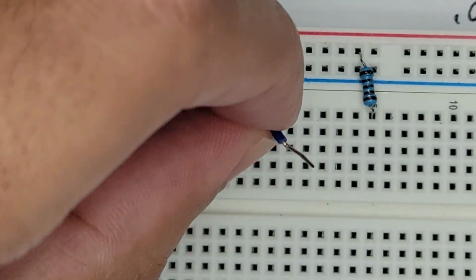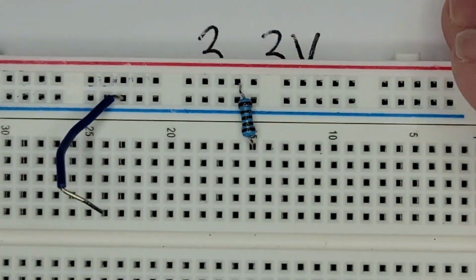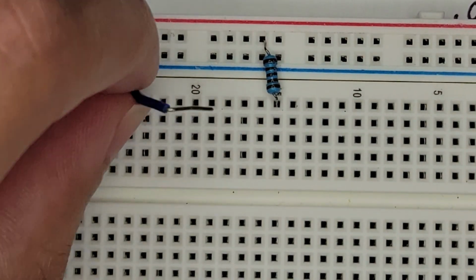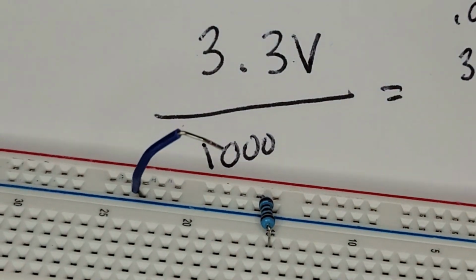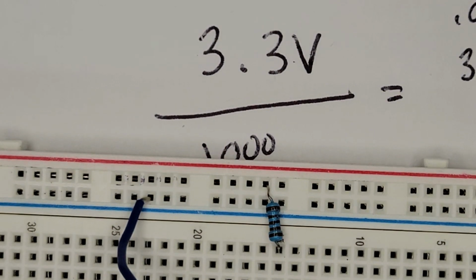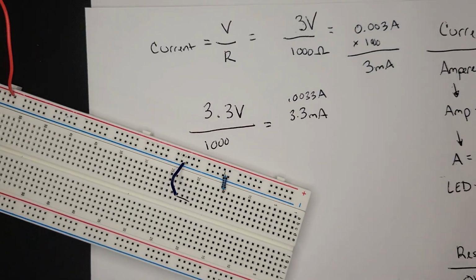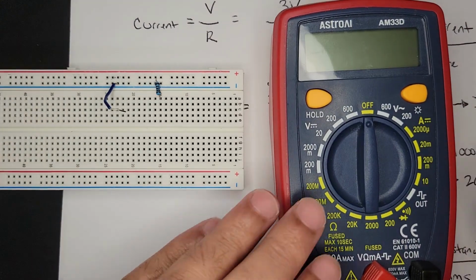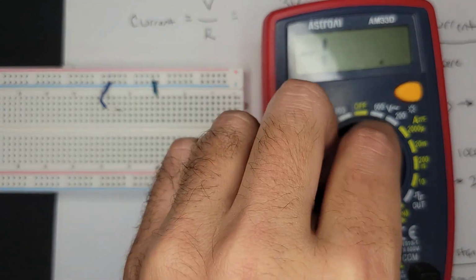So what I'm going to do is move this just off to the side so that it's kind of floating. So this guy is sticking up. And then we can change our meter to read current, which is over here.